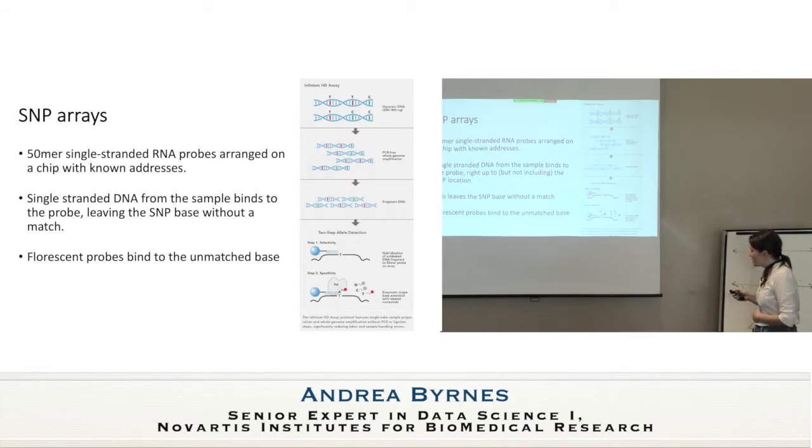So that's illustrated here, right? Where if this is our SNP and this is the probe, we want to match the sequence right up to it. Fortunately, SNPs aren't super densely packed, so 50 bases is plenty enough to identify this location. And when it's not, we would call that bad probe design. And so this leaves the SNP base without a match.